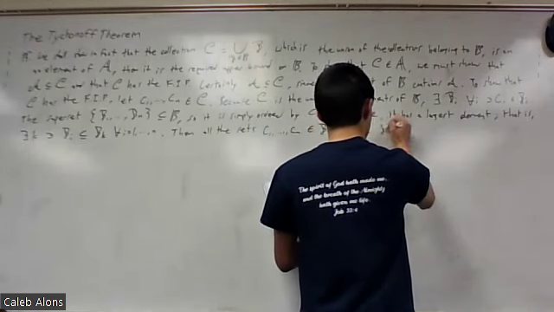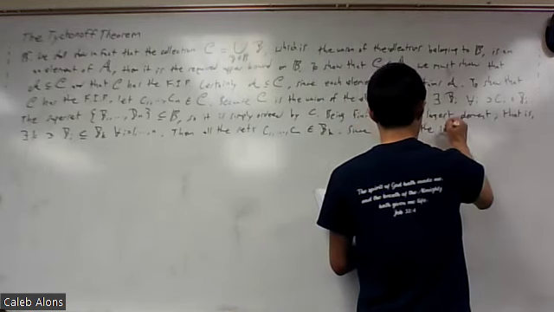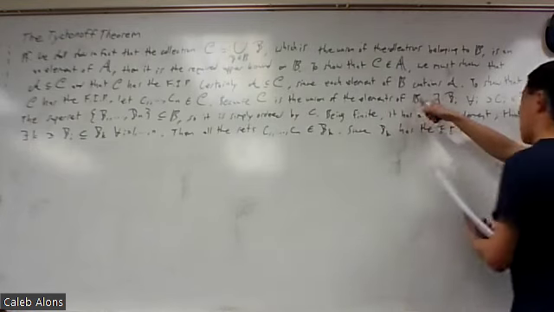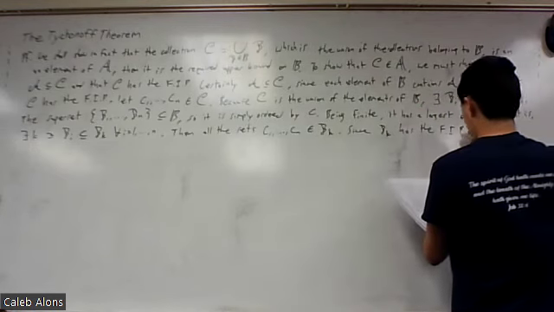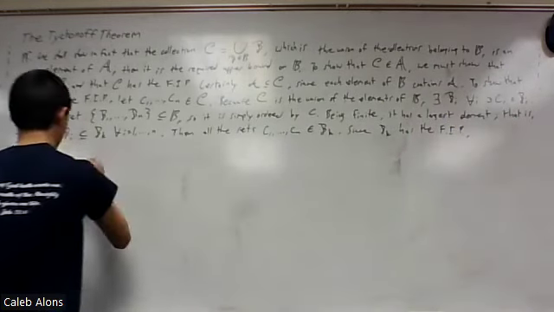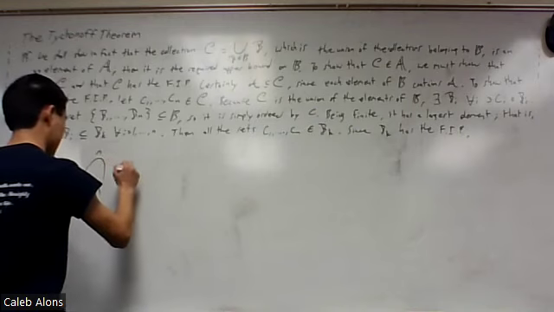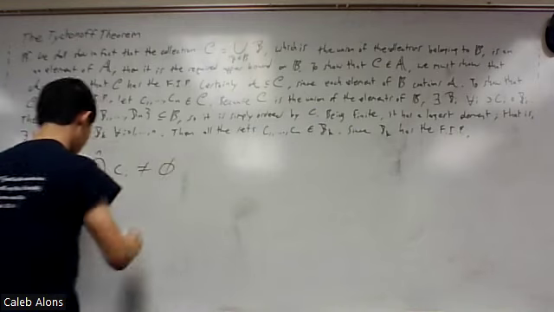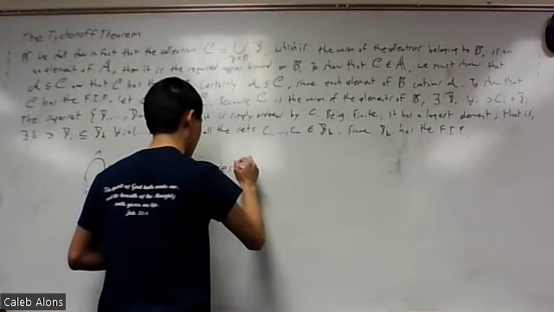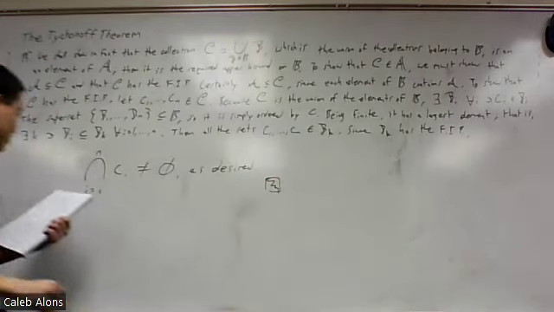And since B sub k has the finite intersection property from being a part of the super subset B, this intersection, which is all of these C's, is not going to be empty. And that's what we wanted. We wanted to make sure there's always one element in there. Okay, so that's step one.